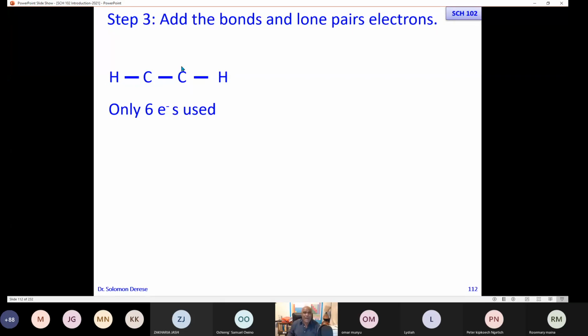At least one of the atoms will have an octet of electrons if you do that. It's possible to put one pair here and another pair here, but then both of them are still unstable because they only have 6.